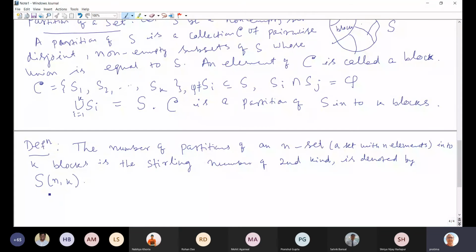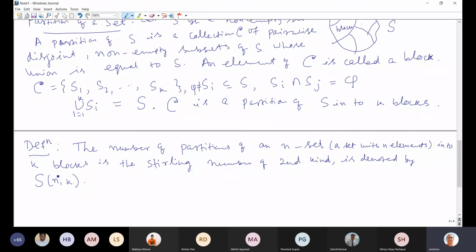This small s we shall use for the first kind. So this is the difference. This capital S(n, k) is for the Stirling number of the second kind.